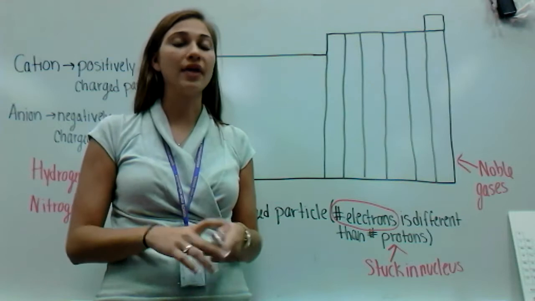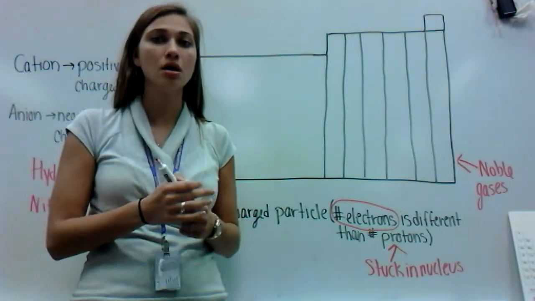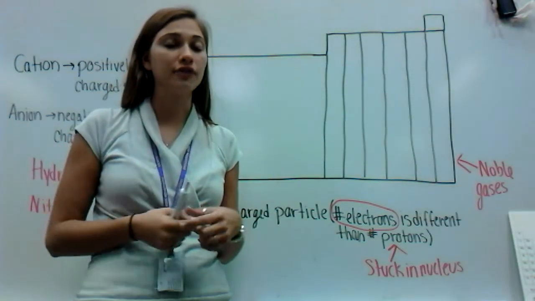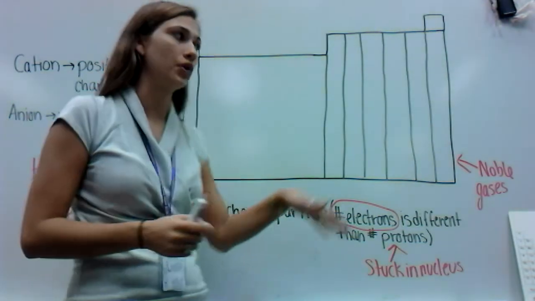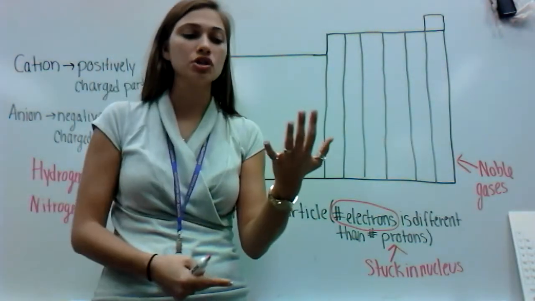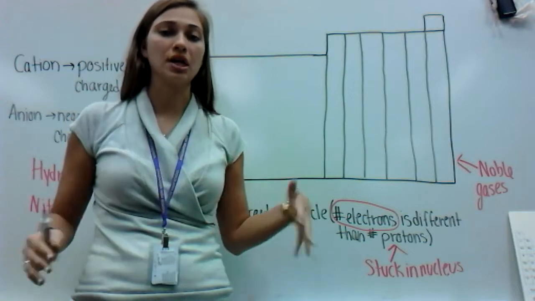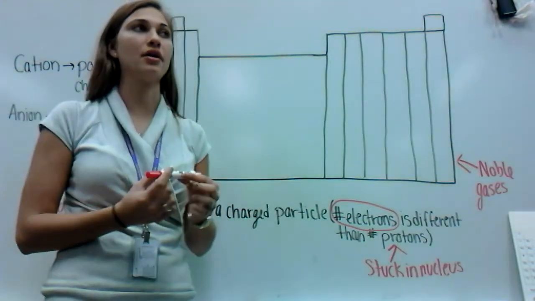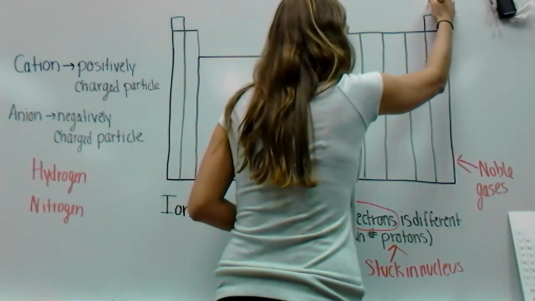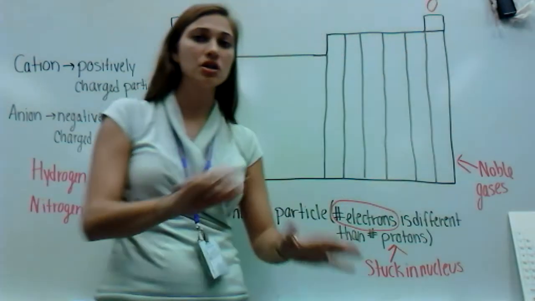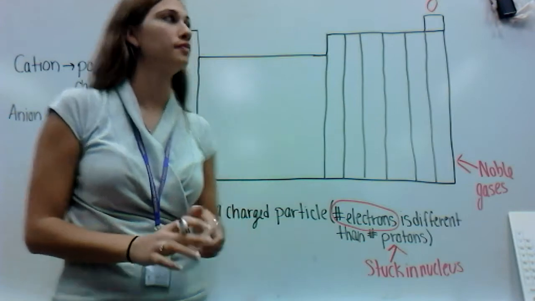They have a filled outer shell, so when we're doing our electron configuration, it's completely through the p level. It doesn't want electrons, and it doesn't want to get rid of electrons. It is happy exactly where it is. So our noble gases are going to have a charge of 0. All the electrons it has, it wants.